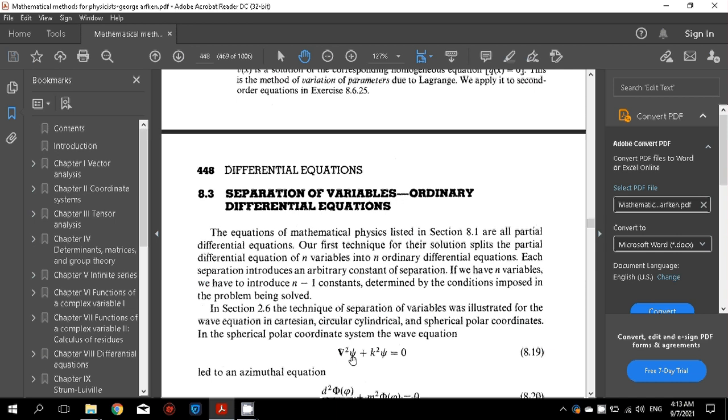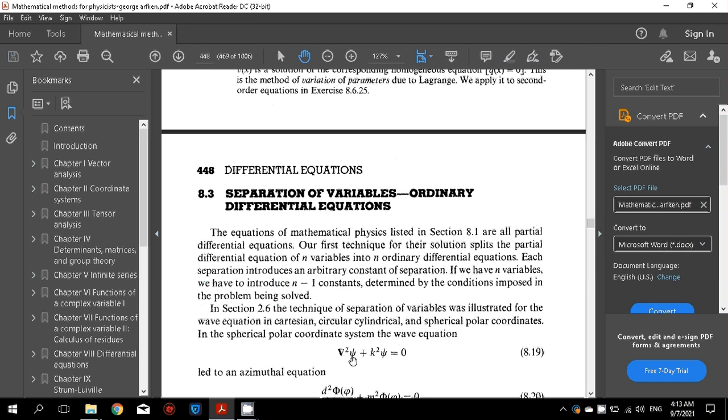So when we have to separate, we will substitute psi equal to, say, capital X as a function of small x only, plus capital Y as a function of small y, and capital Z as a function of small z.